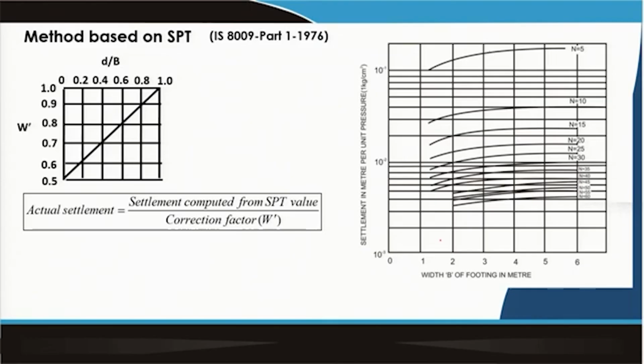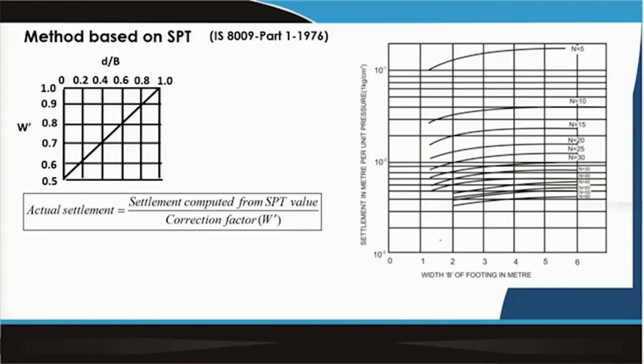So, for settlement we use the IS method that I have discussed, because for settlement calculation for granular soil, I have discussed 5 methods. So, the plate load test, SPT, SCPT, then the semi empirical method and the influence factor method.